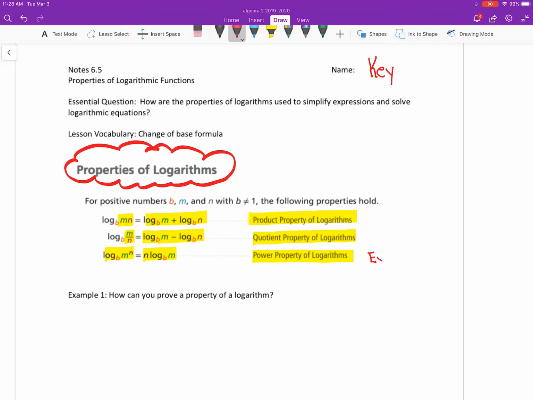So exponent to the front. Product property, separate by addition. And quotient property, separate by subtraction.